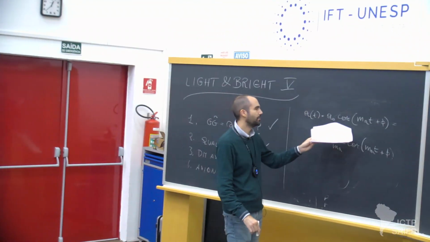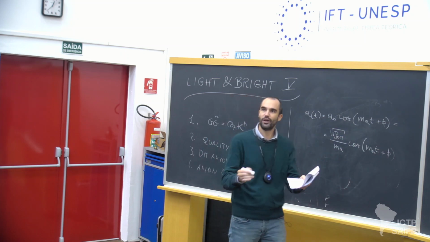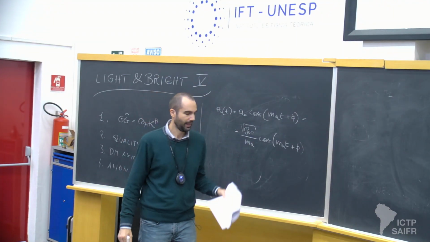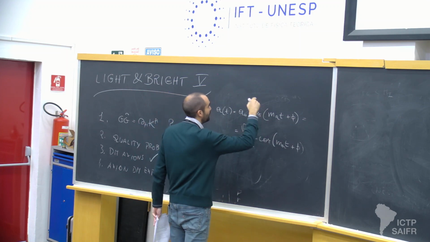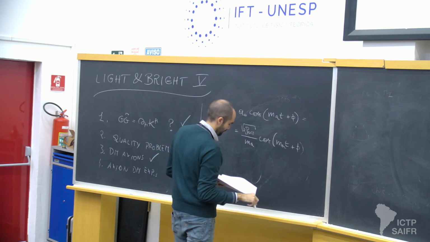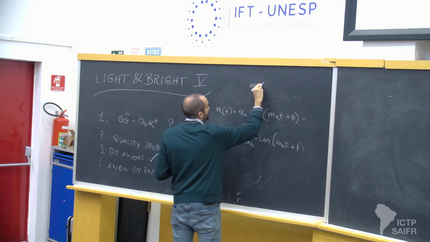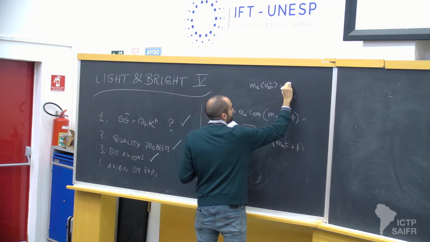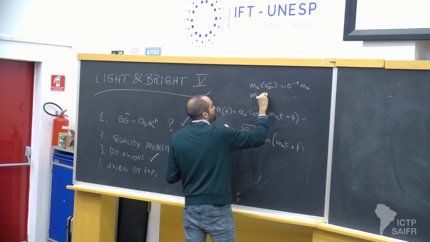Writing it down as a monochromatic cosine is assuming implicitly that small velocity dispersion that we were talking about a few lectures ago. Because if the axion has a small velocity dispersion and it's non-relativistic in the galaxy, then its kinetic energy is going to be much smaller than the mass, and its momentum is also going to be much smaller than the mass.